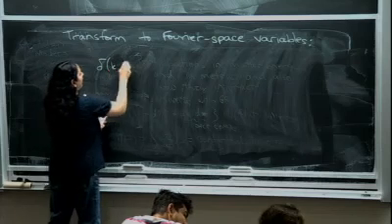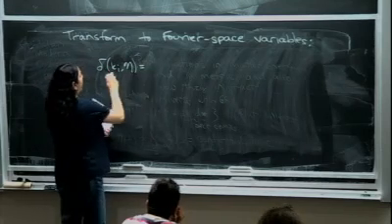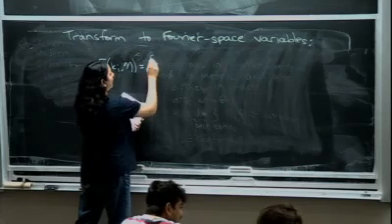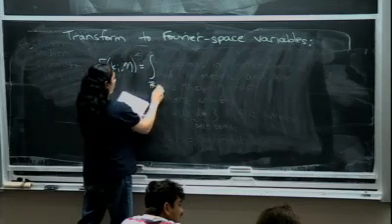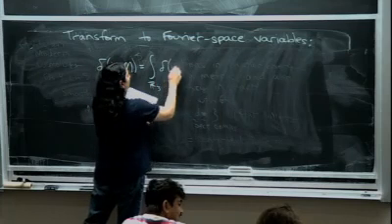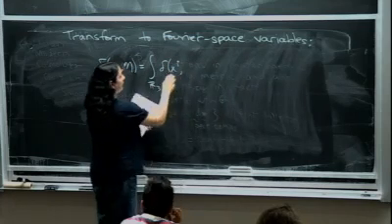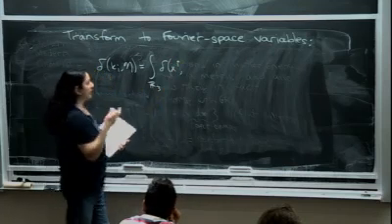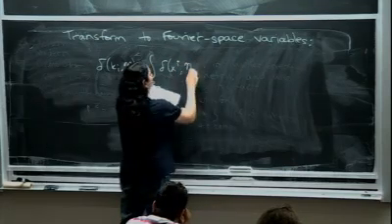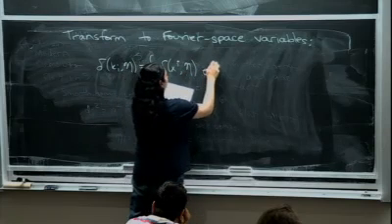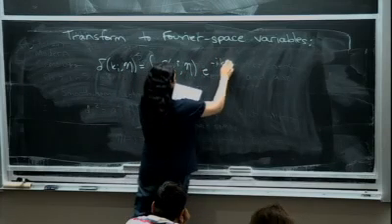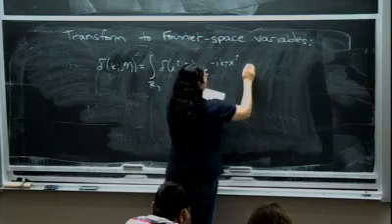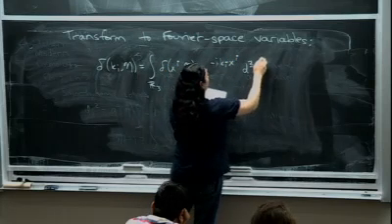Then instead I'm going to talk about delta as a function of k, where I indicates my three space components, and I'm going to have e^(-i k_i x^i) d^3x.